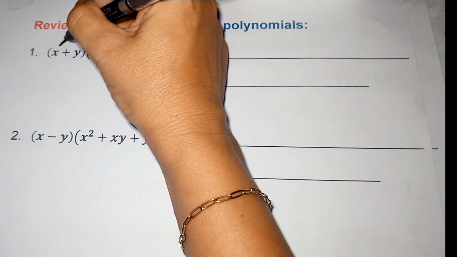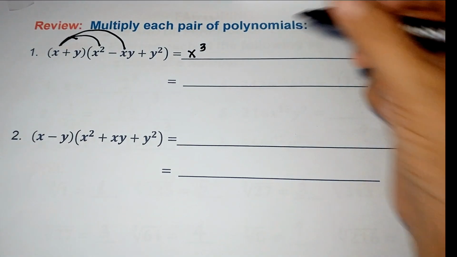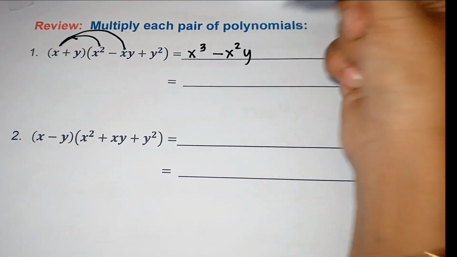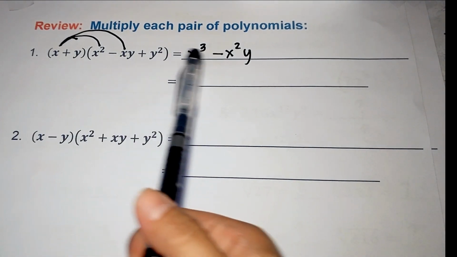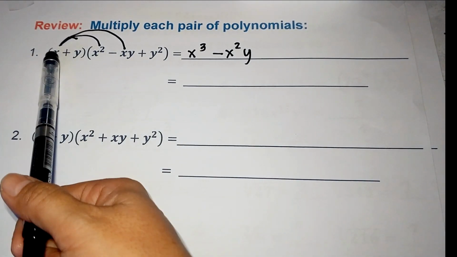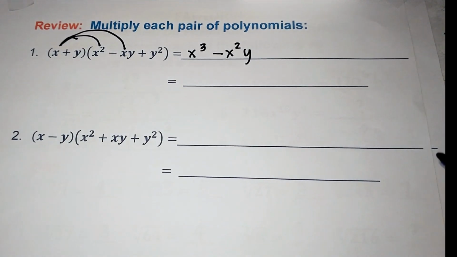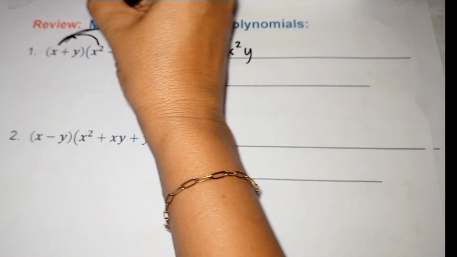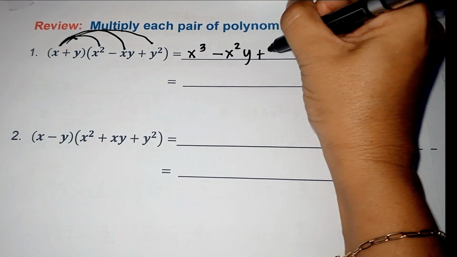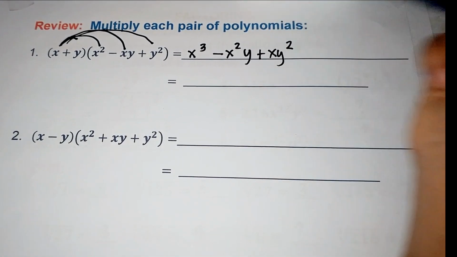Next, x times negative xy is negative x squared y. Again, x times x will be x squared and then times y, so x squared y. Positive times negative is negative. Then, for the next term, x times y squared is positive xy squared.